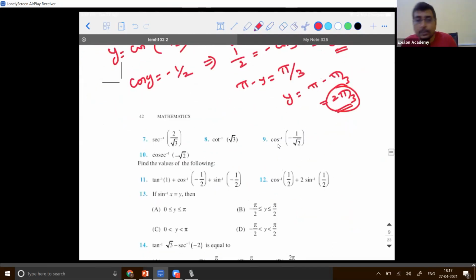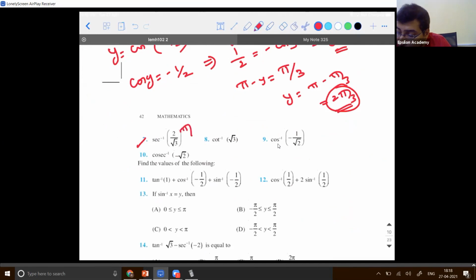So secant inverse of 2 by root 3. Pi by 6, sir, perfect.